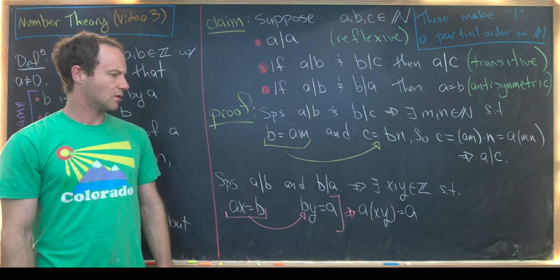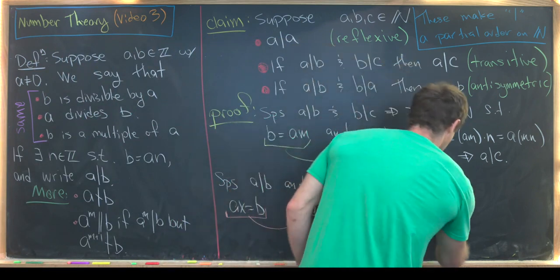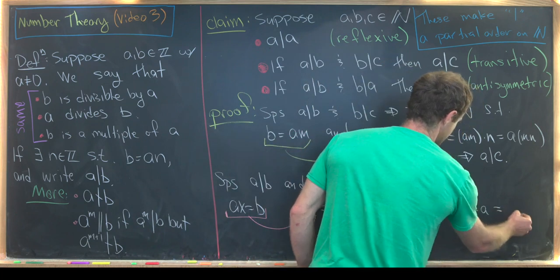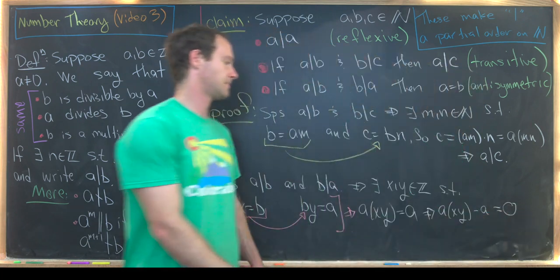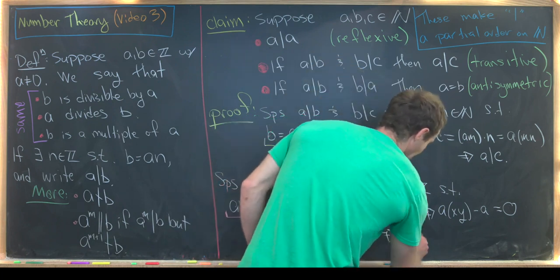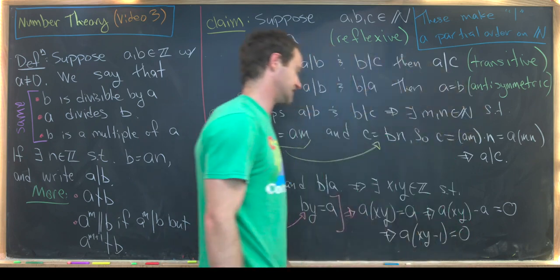Okay, so where can we go from here? That tells me that A times XY minus A is equal to 0. Okay, but then that tells me that A times (XY minus 1) is equal to 0.